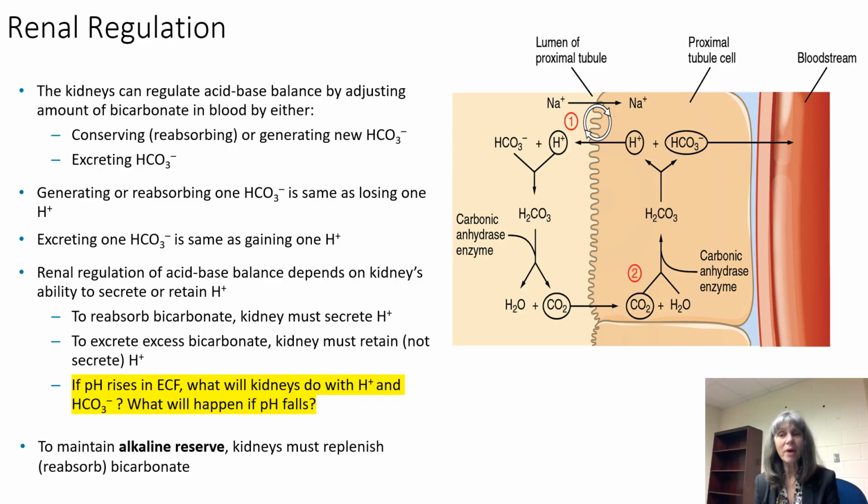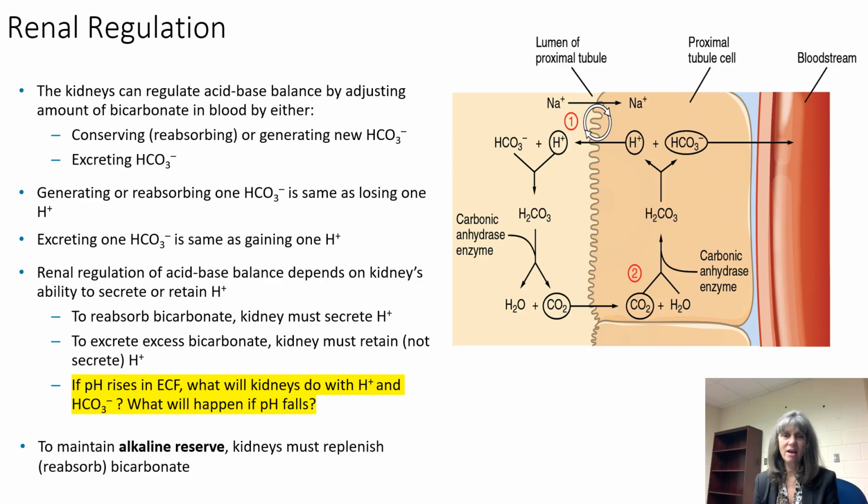To reabsorb bicarbonate, the kidney has to secrete free hydrogen ions. To excrete excess bicarbonate, the kidney must retain rather than secrete free hydrogen ions. So if pH in extracellular fluid rises, that means it's becoming more alkaline, what will the kidneys do with free hydrogen ions and bicarbonate?